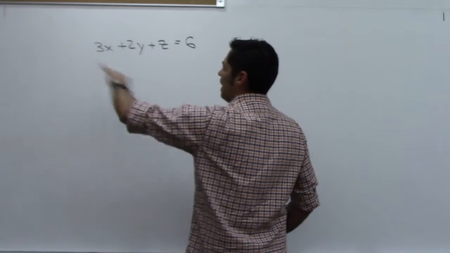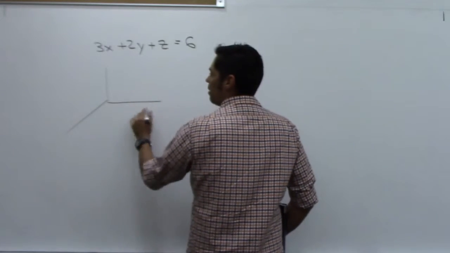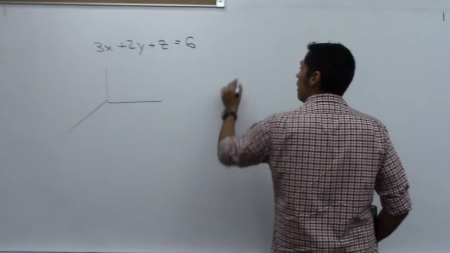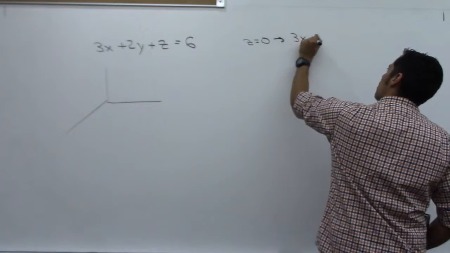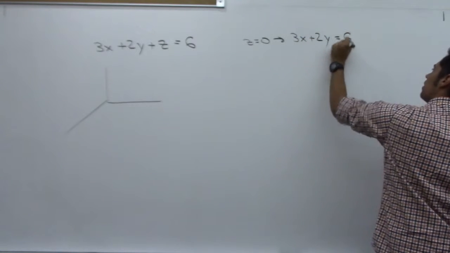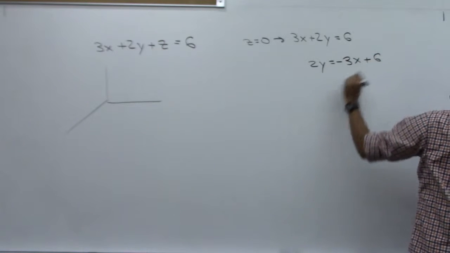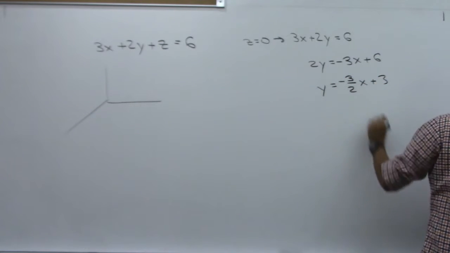So this is a plane, and in the first octant, which is the one out here, it's going to cut through the plane. Let's see where this cuts through the xy plane. If we let z be 0, we get 3x plus 2y equals 6, which means 2y equals negative 3x plus 6, which means y equals negative 3 halves x plus 3.